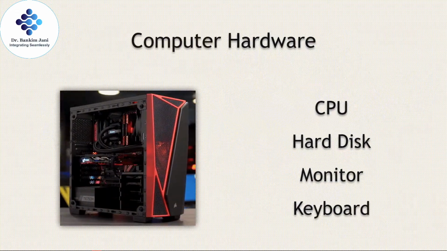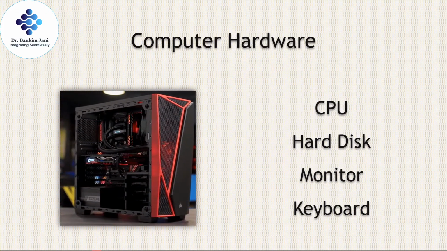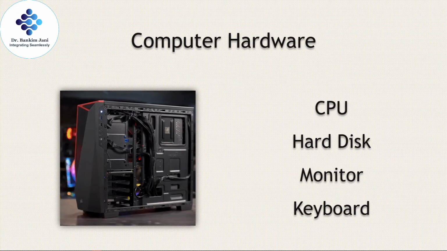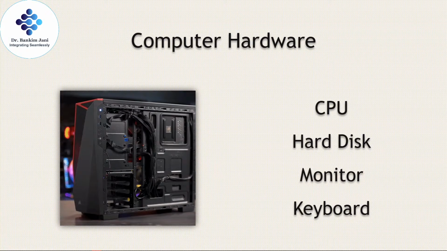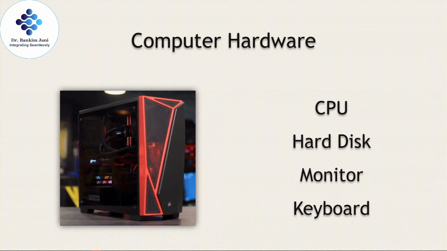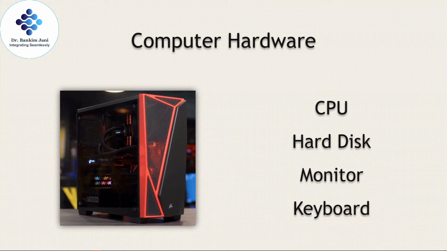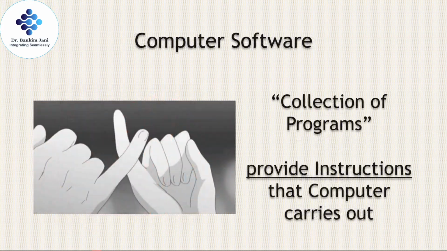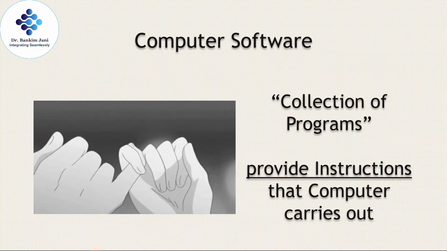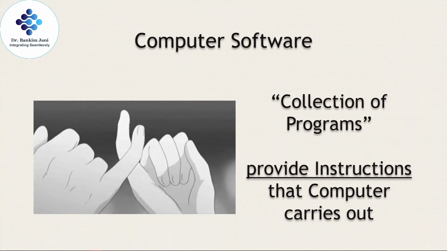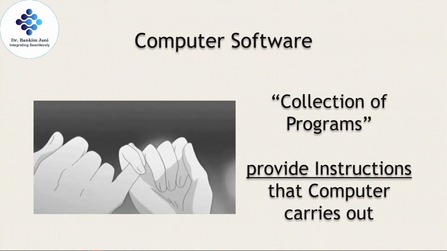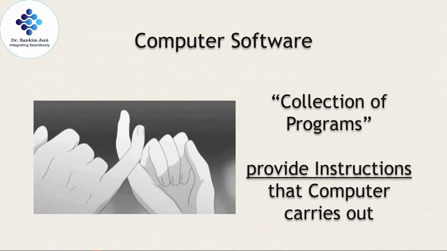Computer hardware is the collection of physical elements that make up the machine, and its components like CPU, hard disk, monitor, keyboard. And computer software is the collection of programs that provide the instructions that the computer will carry out.